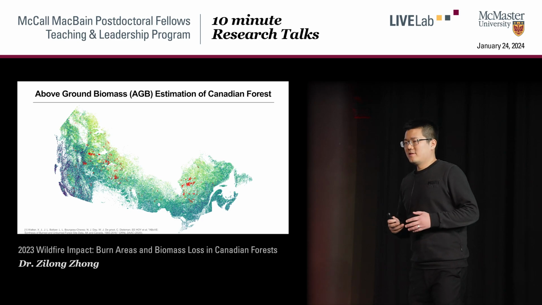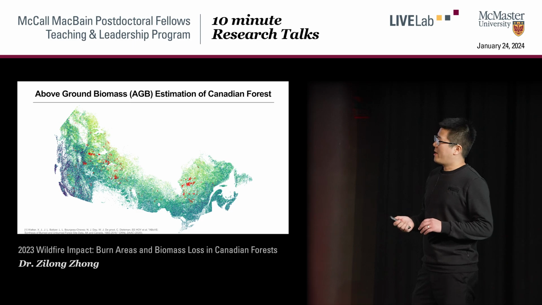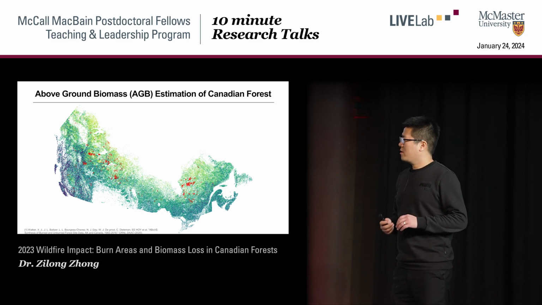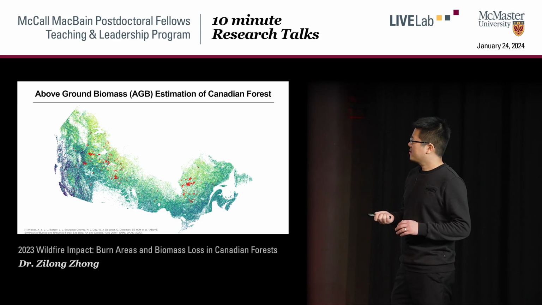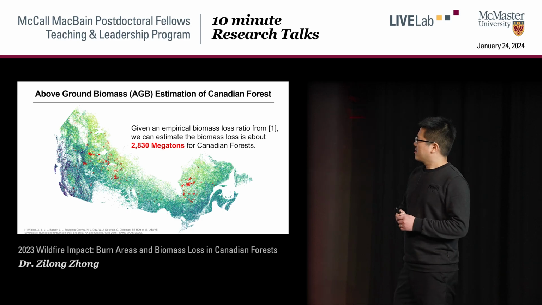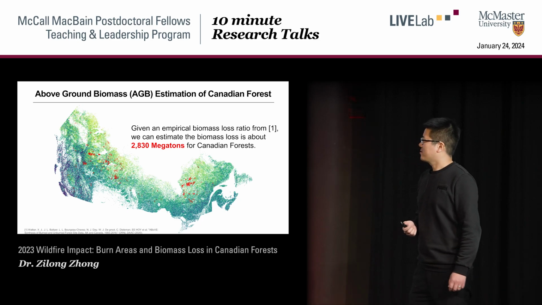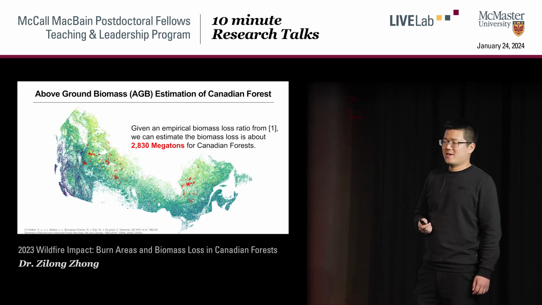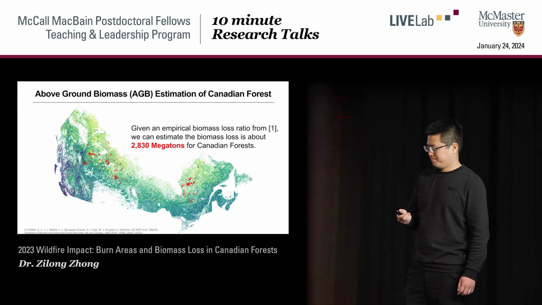Next, let's overlay the burn areas on this biomass map. Using a known loss ratio, we find that Canadian forests have lost about 2,830 megatons of biomass. It's a clear indicator of the significant impact of these fires.